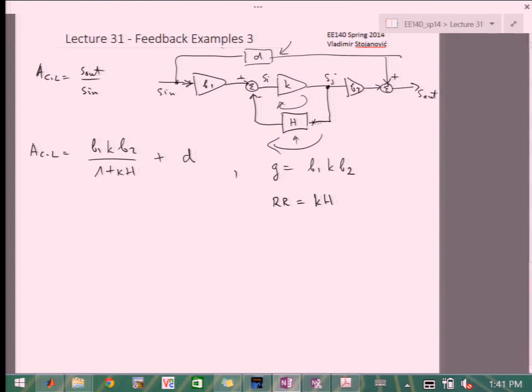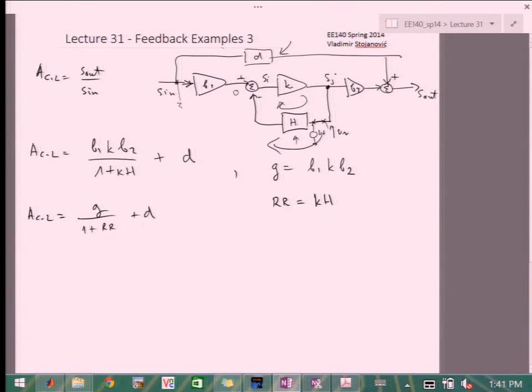We cut the loop here, insert VT, look at VR. This will go through H. I would null the input node, so the signal from S in will be 0. So the only thing I'm going to get is VT times H times K, and it maps to here. So return ratio is KH. Our closed loop, in that case, will be G over 1 plus return ratio, plus D.